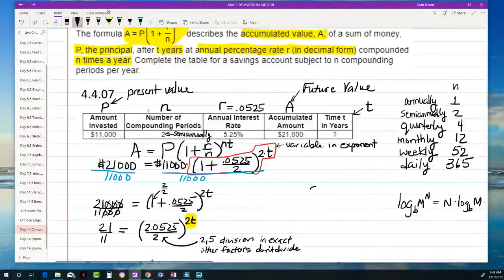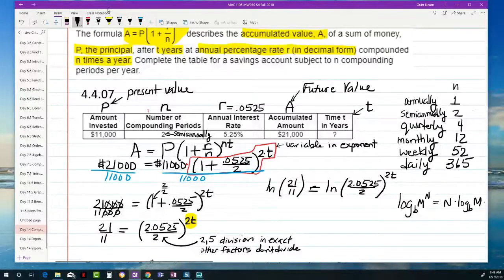In other words, you can always bring the power out front of a log. So we're going to take the log of both sides of this equation. So I'm going to have the natural log of 21 over 11 equals the natural log. We use natural logs because it's one of the two logs on your calculator. You could use log base 10, the common log, as well.